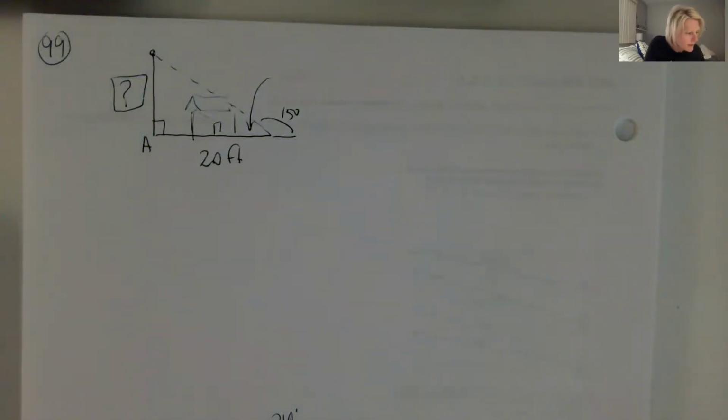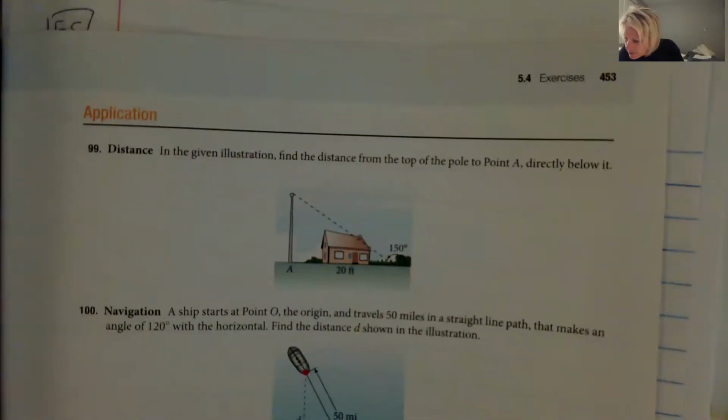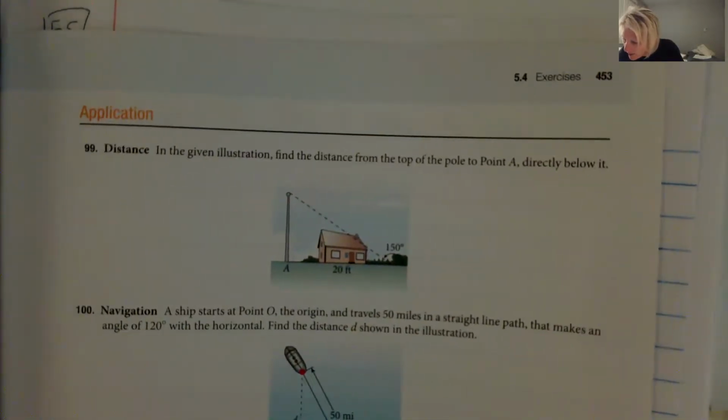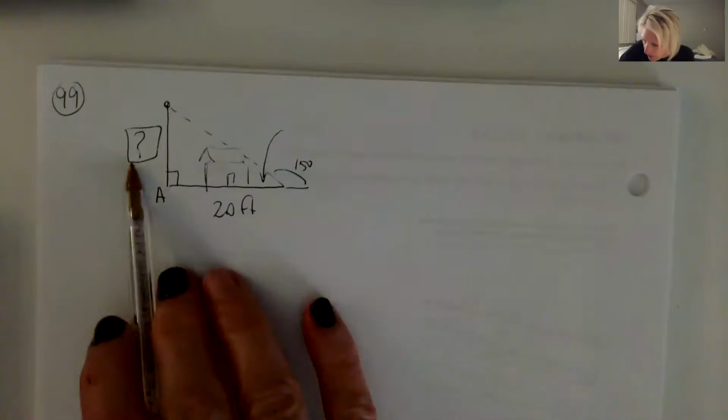So 99 says, in the given illustration, find the distance from the top of the pole to point A directly below it. And so I think my picture is pretty good. That's what we're trying to find.